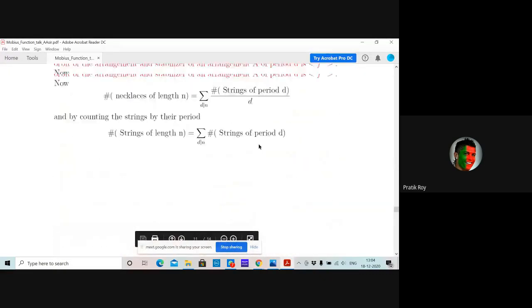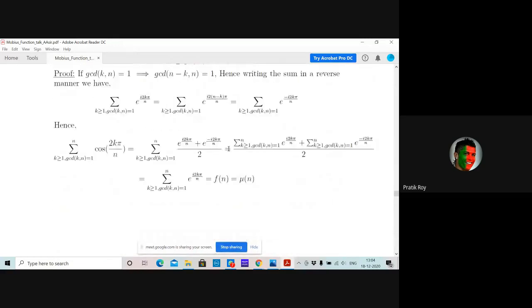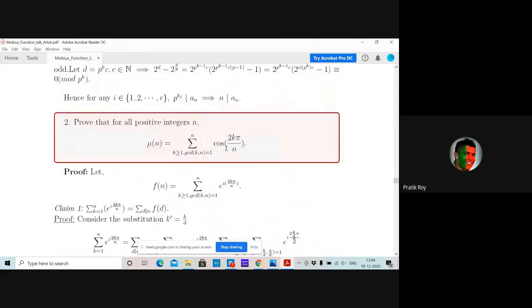Now another problem that tells us another place where mu comes up. This problem tells us that mu(n) can be written as the sum of the real parts of the primitive roots of unity, that is, summation over k, with k greater than or equal to 1 such that k and n have GCD 1.